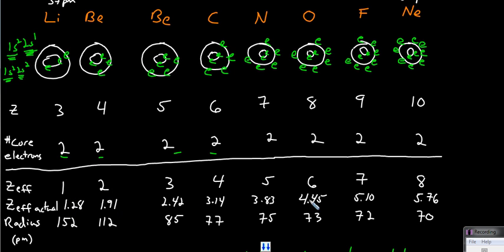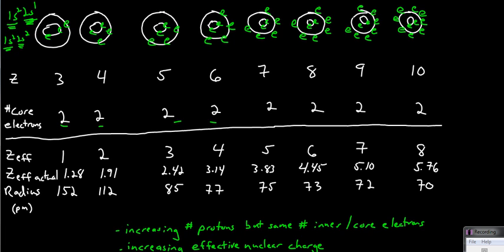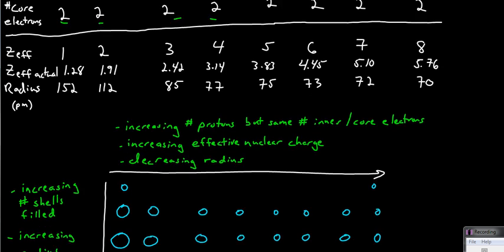Yet, as we go further to the right, there's a smaller and smaller increase in effective nuclear charge because the inner or core electrons are not everything. There is still some repulsion of the electrons in the outer shell by other electrons in the outer shell as well. So this equation is not a perfect descriptor of effective nuclear charge.